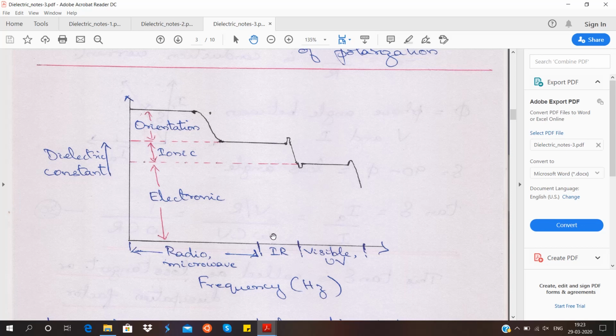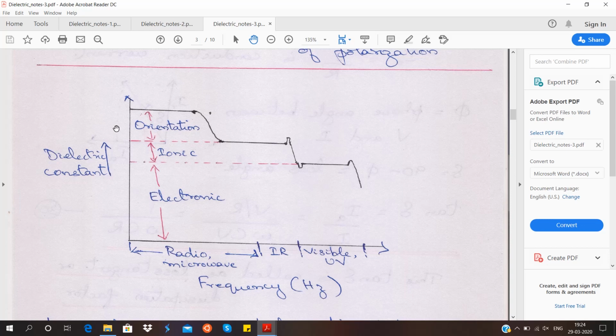Since electronic polarization occurs very fast, the time taken is very less. Frequency is inversely proportional to time, 1 over t. If time is less, then frequency will be higher, whereas in orientation polarization, time taken is more, so frequency will be lesser.